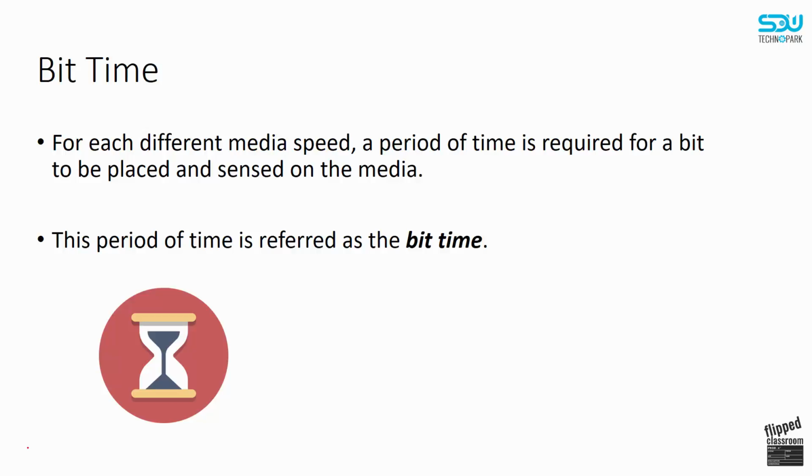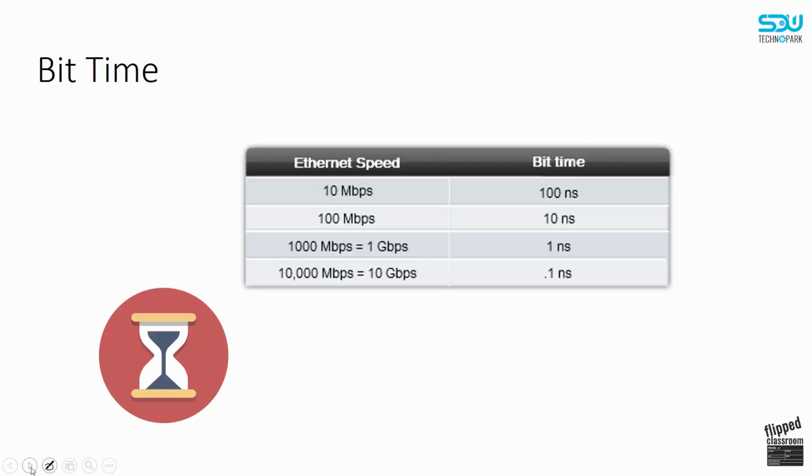So when your end device is signaling on the physical layer, it takes time for this end device to generate the signal. For example, if your network connectivity is 10 megabits per second, then your equipment needs time to generate this 10 megabits per second. This timer is called the bit time.